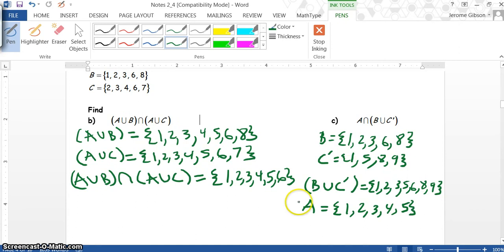Now, we need to take A intersect B union C complement. Now we have all the elements here and all of the values that match we will put in our final answer. We have 1, 2, 3, and 5. And that will be our final answer.